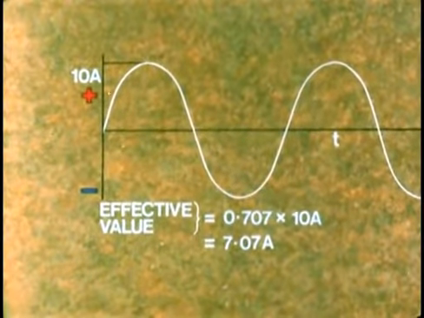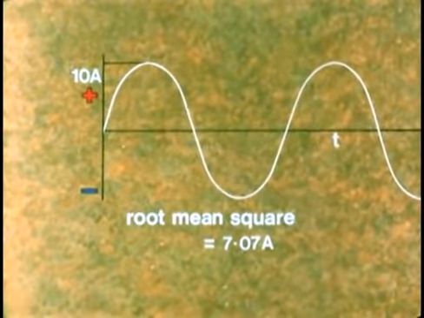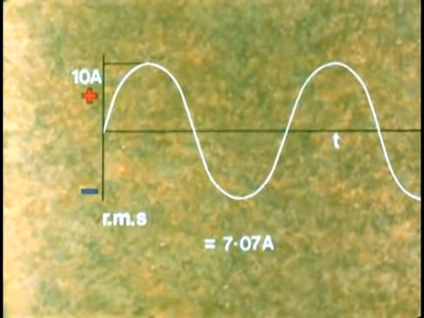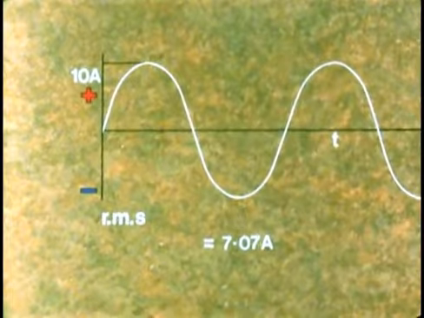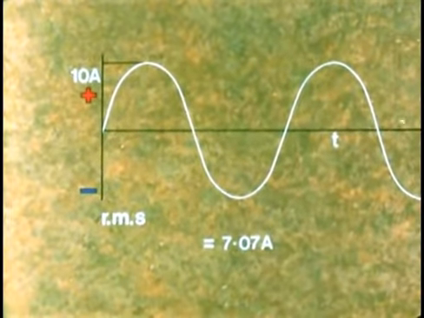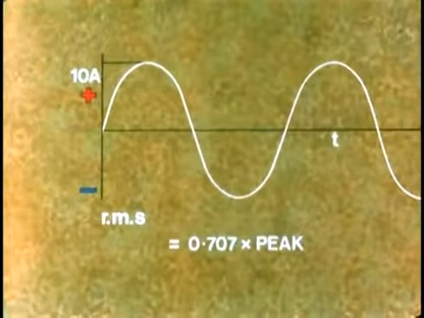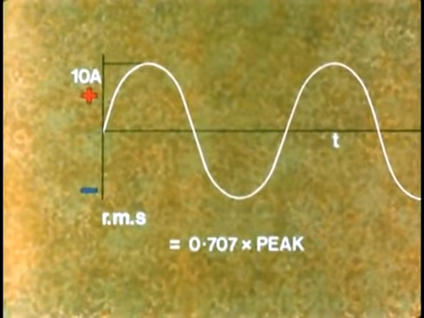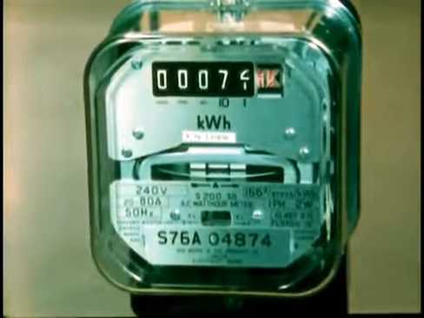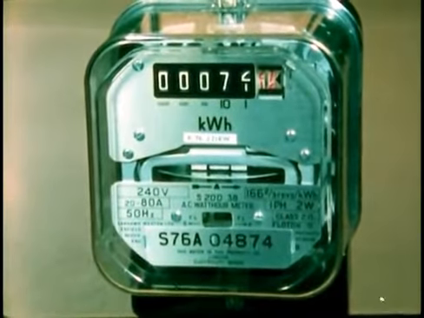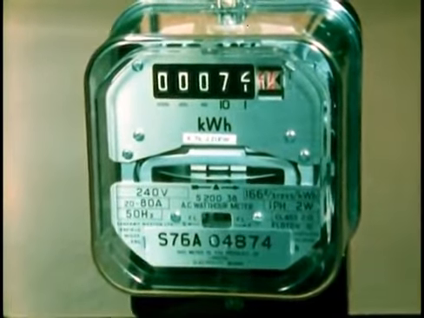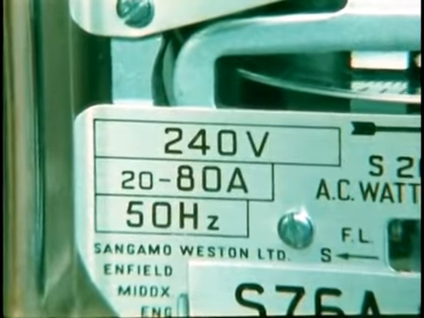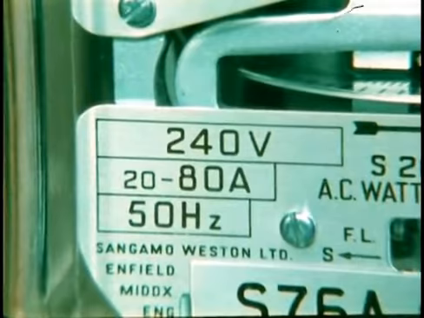The effective value of an AC is called the root mean square value, or RMS value. So the RMS value equals 0.707 times peak value. When alternating currents or voltages are specified, it's always the RMS value. For example, the household voltage of 240 volts is the RMS value. The peak voltage is in fact nearly 340 volts.